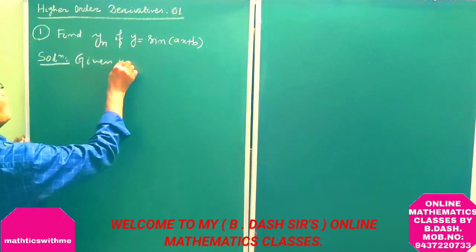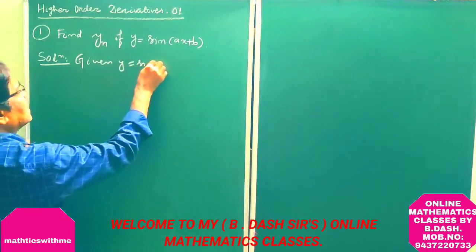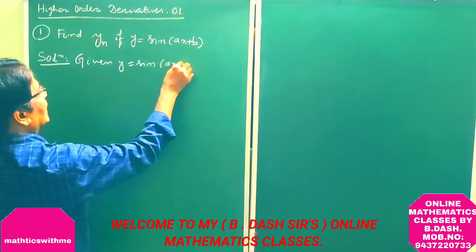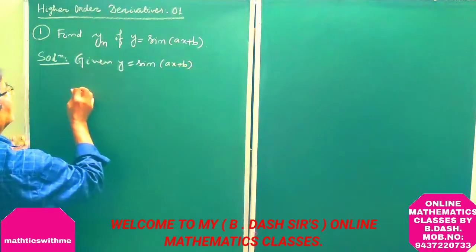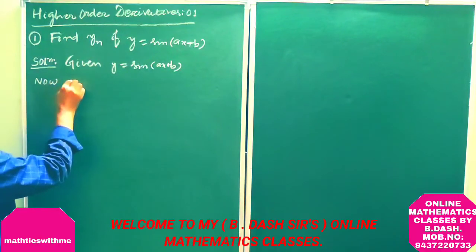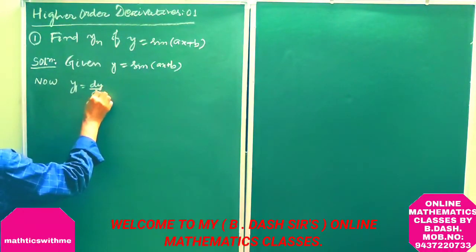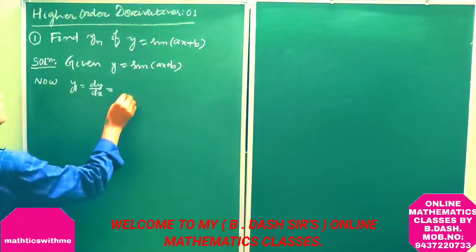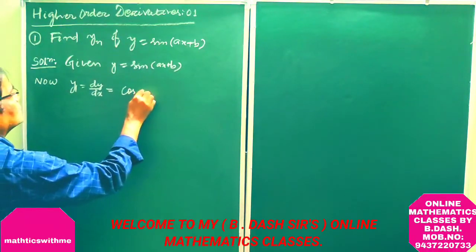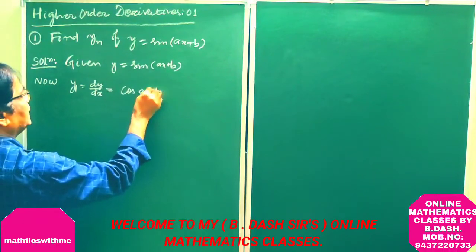Given y is equal to sine of ax plus b. Now y1 is equal to dy by dx, which is cos of ax plus b.